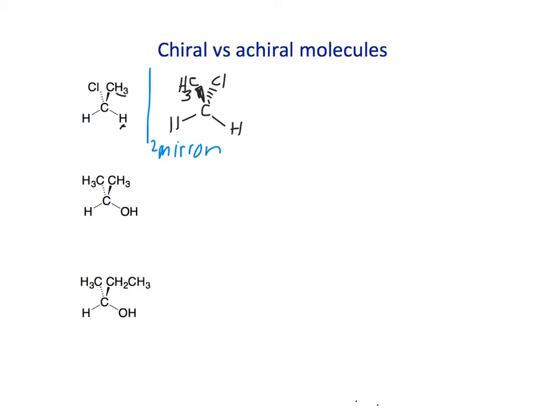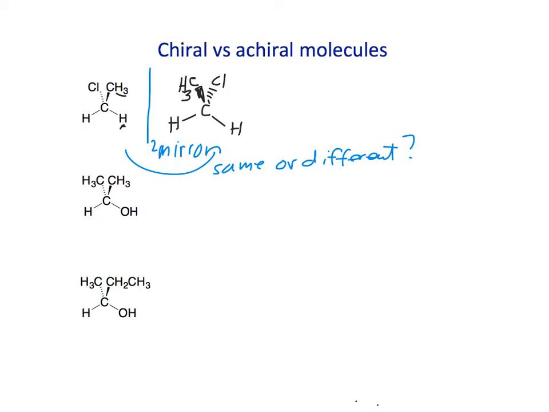Right, so now the question is whether these are the same or different. What do you think? Well, remember, it doesn't matter whether the wedged bond is to the left or the right of the dashed bond.